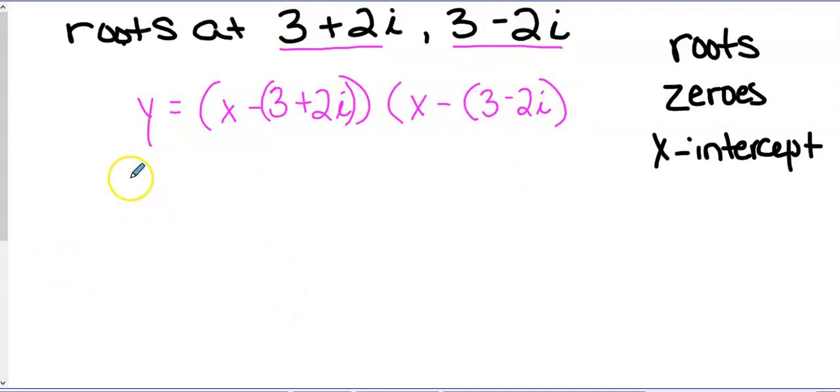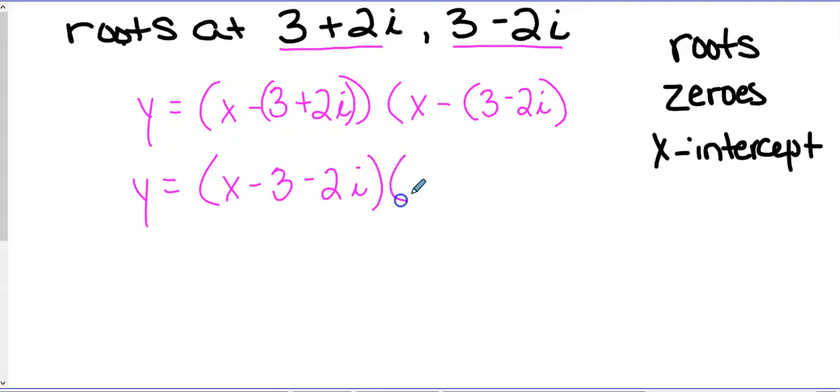So then we would just need to rewrite this as x minus 3 minus 2i. And then x minus 3, and remember that distributes. Remember, if you're subtracting something that's inside parentheses, I should put another one right there, then you want to distribute that negative in, so that would be plus 2i.